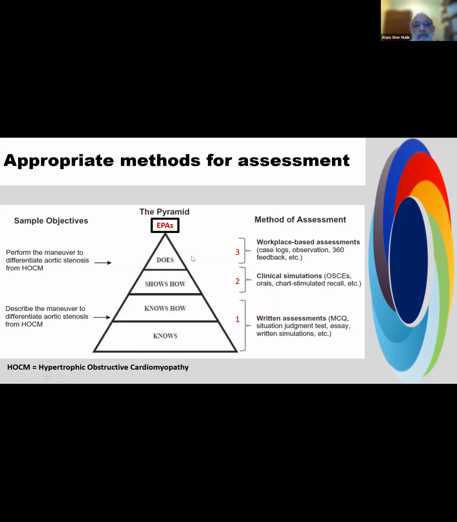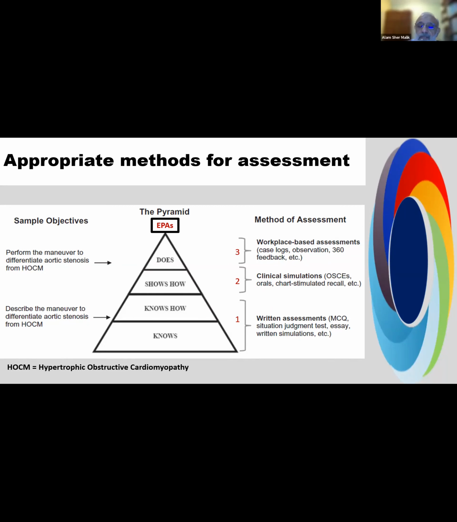And at the does level is workplace-based assessment, where we would have portfolios, log books, 360-degree feedback, etc. And then on top of that is the addition of entrustable professional activities, meaning how confident the assessor is that a student would be able to perform those functions under supervision or independently and confidently.